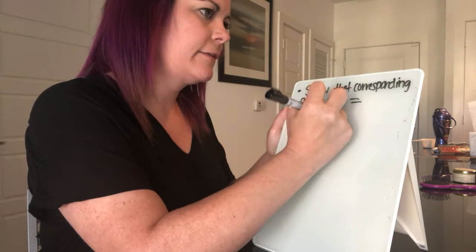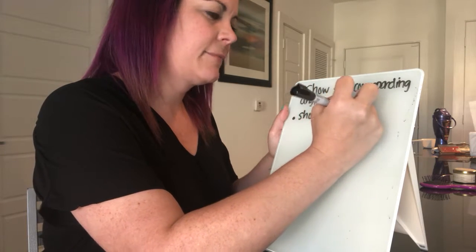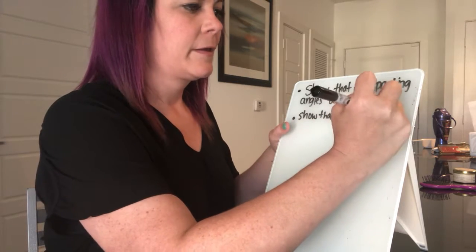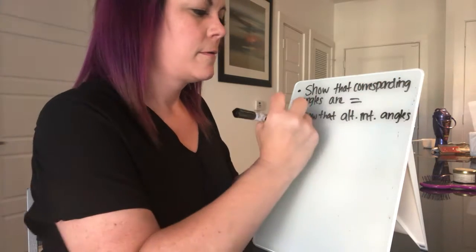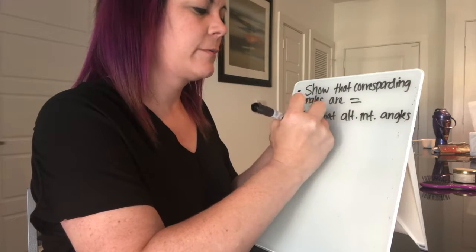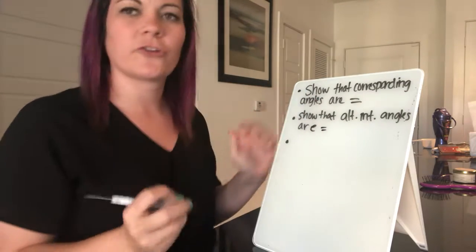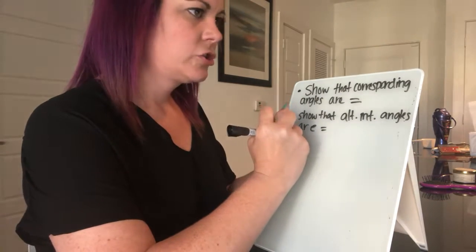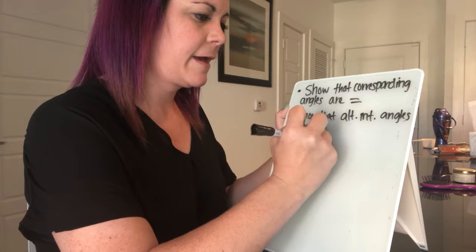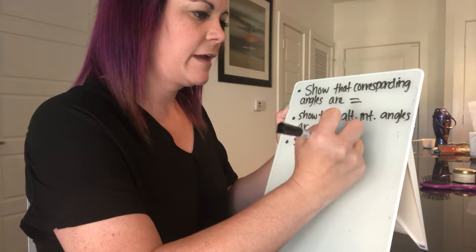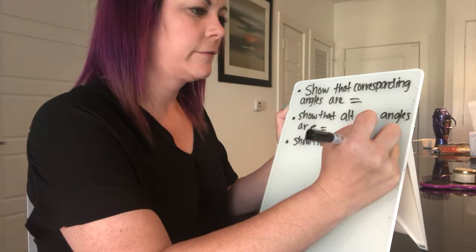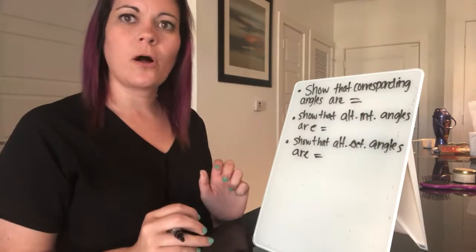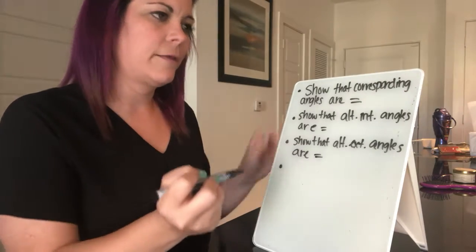Show that alternate interior angles are equal. So if you can prove that alternate interior angles are equal, then you can prove that the lines are parallel. Show that alternate exterior angles are equal. Again, these are all ways to prove that lines are parallel.